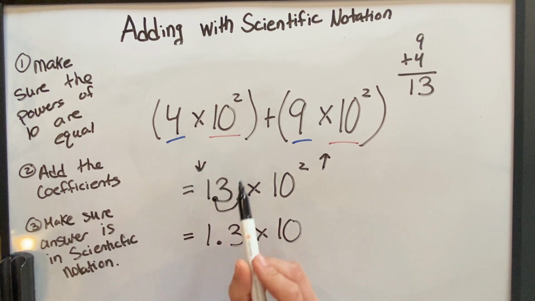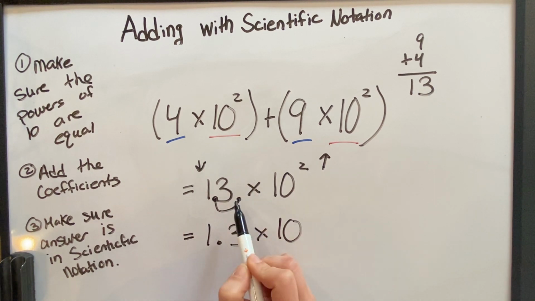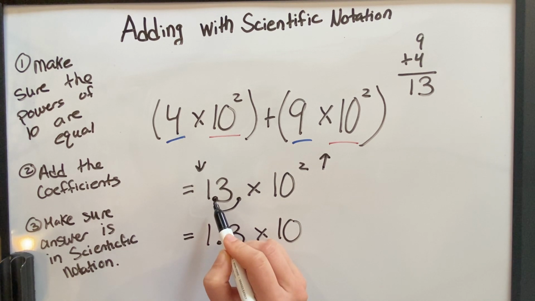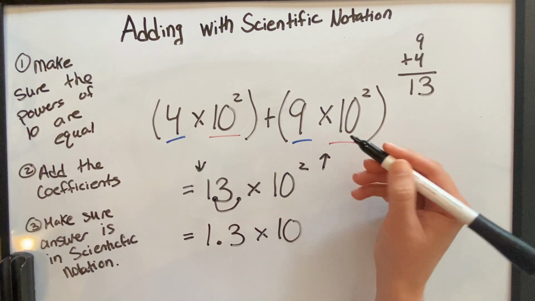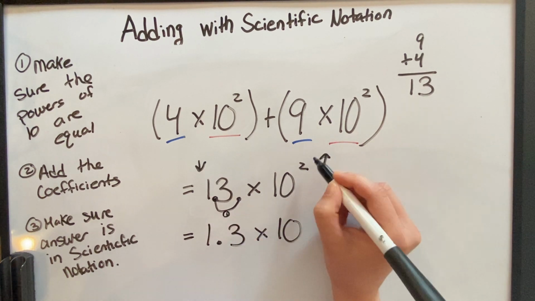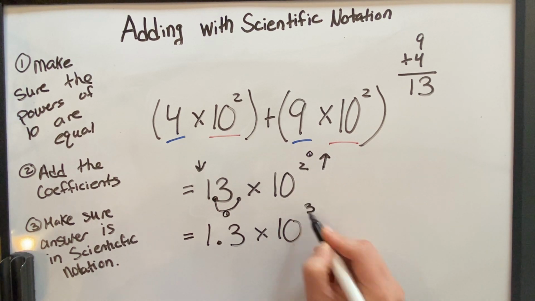Now, if I move the place value one space over to the left, then my exponent is going to get larger by 1. So this is moved one space, so this is going to increase by 1. So 2 plus 1 is 3.